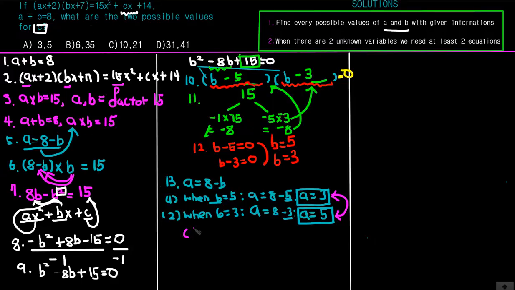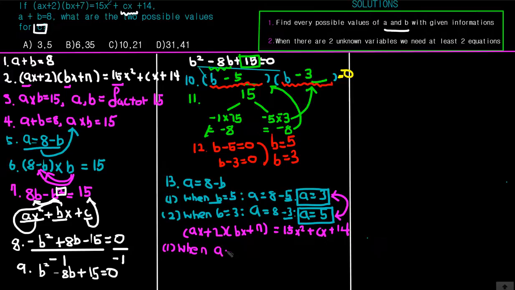So the quadratic at first is (ax plus 2)(bx plus 7), and that is equal to 15x squared plus cx plus 14. And we know that if we input our values, there will be two possibilities.